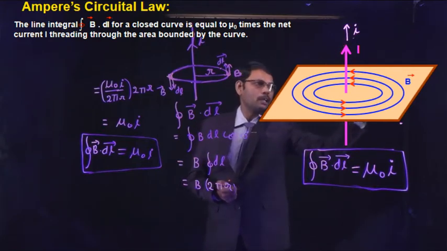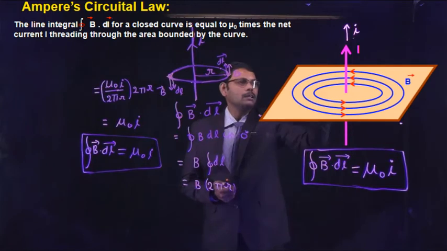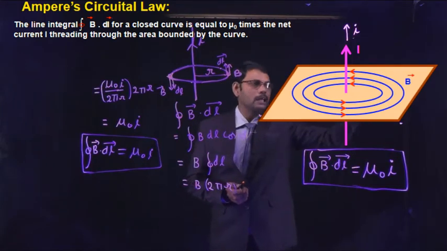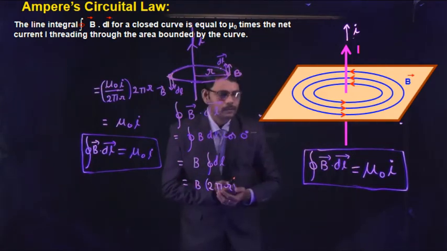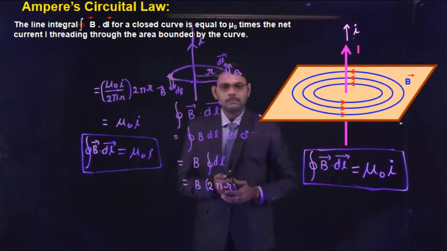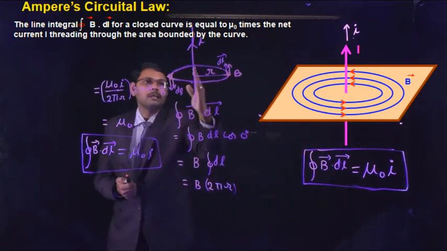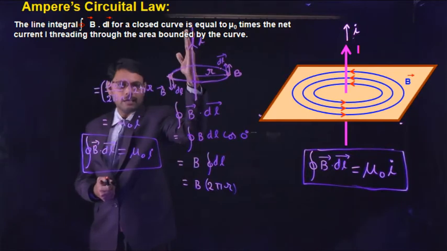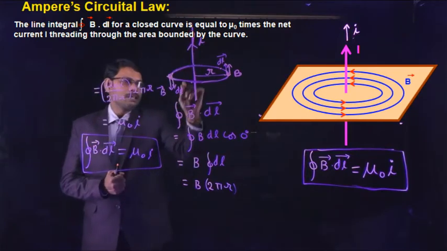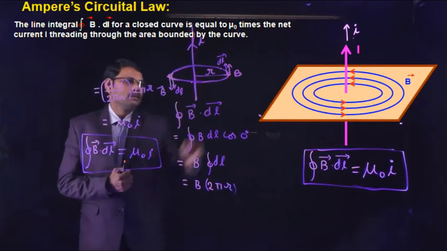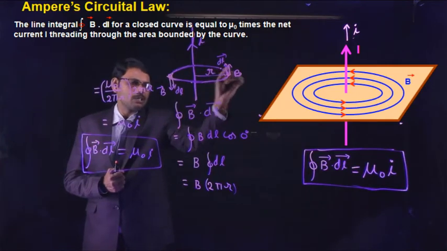There exists a magnetic field along the loops. We have 3 loops, and along each loop there exists a magnetic field as shown in the diagram. So we can pick up one loop. Let us consider a current carrying wire carrying current I and a loop of radius r. At each and every point B is constant in magnitude.